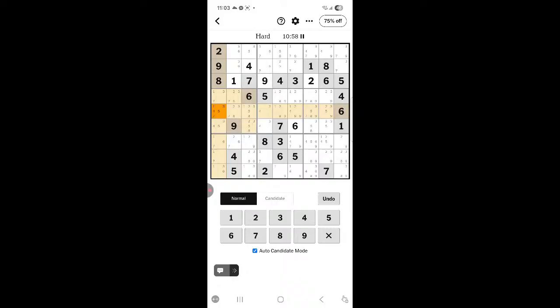Just everything everywhere all at once. 6 in this row and this column, alternate. But if 6, then... Wait, hold on, stupid me. If 6 can, 6 can't. If 6 must, then 6 cannot.